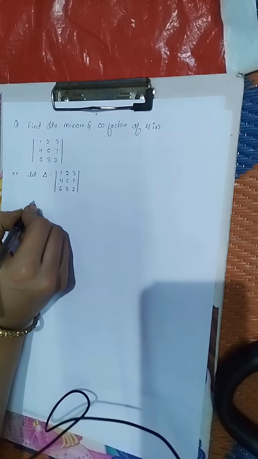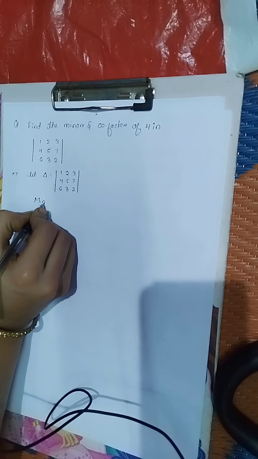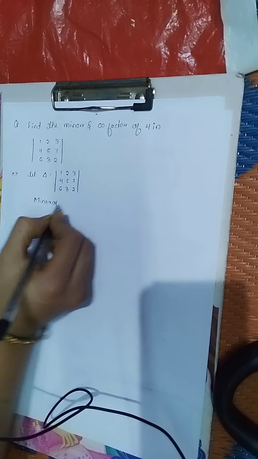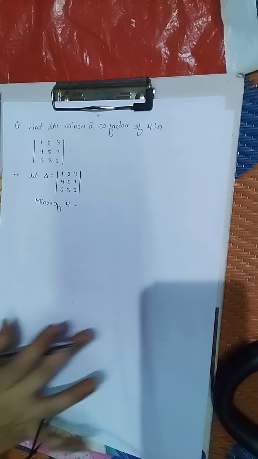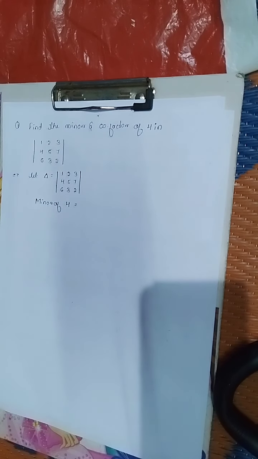Therefore the minor of 4 is obtained, as we already defined, by leaving the row and column in which the element occurs.